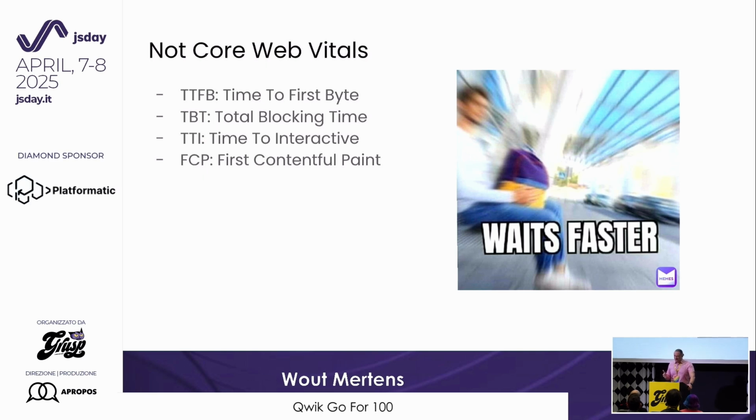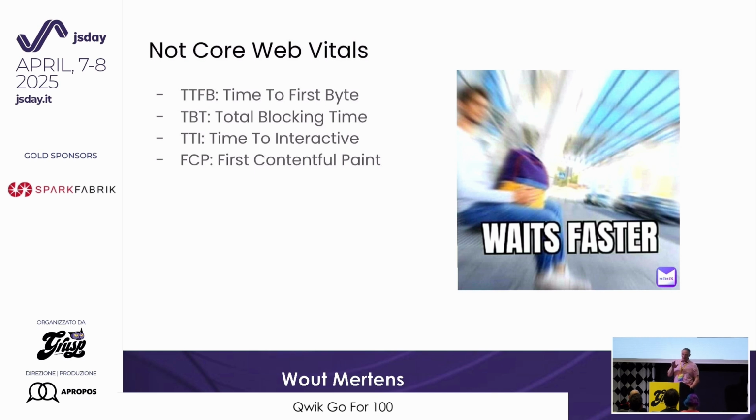Then we have some more web vitals. Non-core web vitals. These are also important. They are good to know, but they are not what Google measures. They're just going into a little score sometimes, but it's not the ones that are actually important.